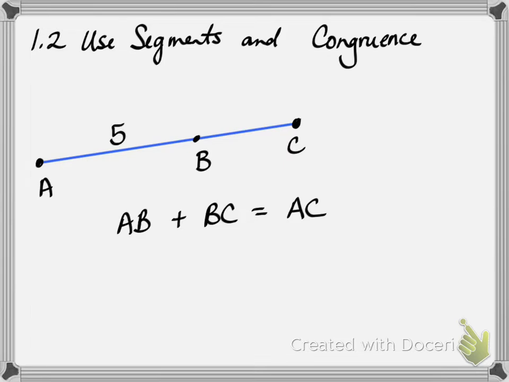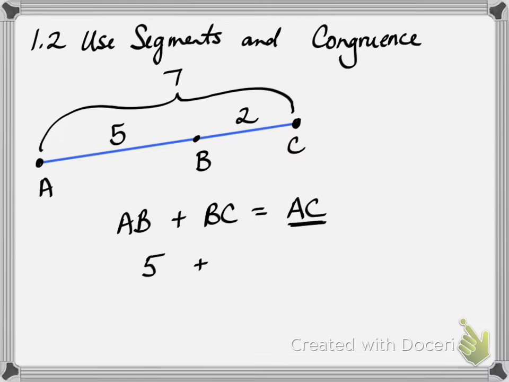If AB is 5 units long and BC is 2, I think it makes a lot of sense that the whole thing from A all the way to C, AC, would be 7 units long, because 5 plus 2 is 7. I'm not going to use either of the examples out of the book, so these are new examples.